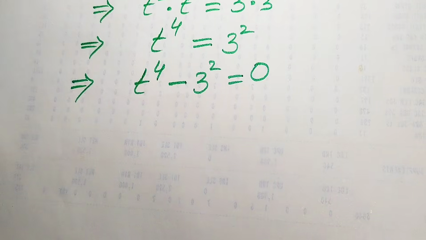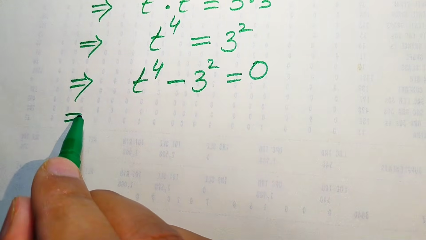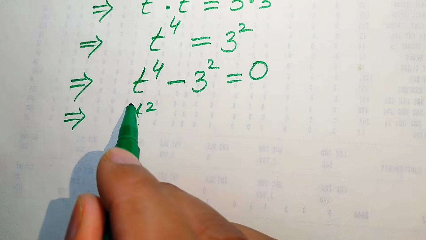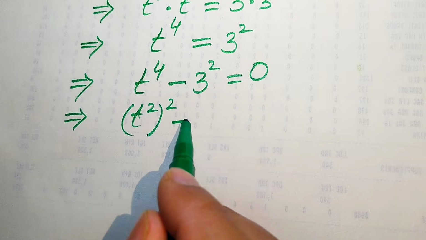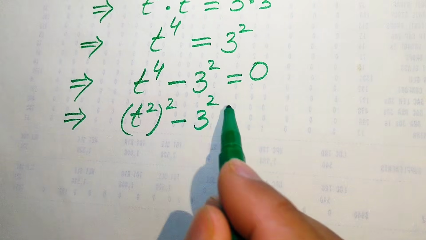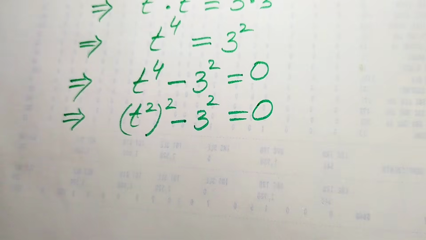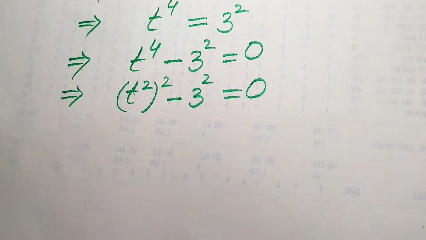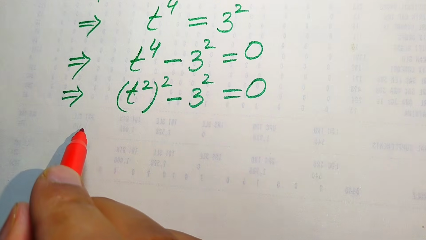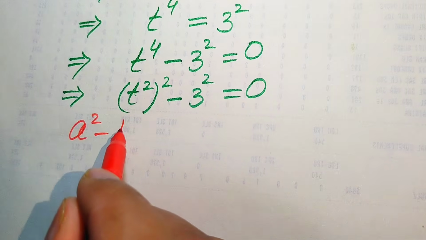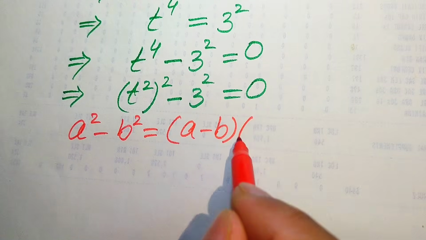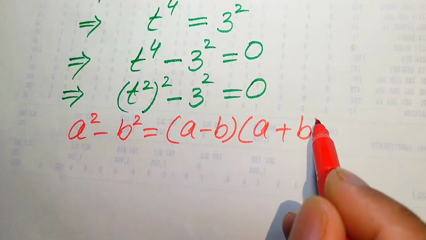Now in the next step we need more simplifications, and we rewrite this equation as t to the power of 4, written as t square whole square, minus 3 square, and this whole equation is equal to 0. Further, we use the nice algebraic formula you know about: a square minus b square is equal to a minus b times a plus b.